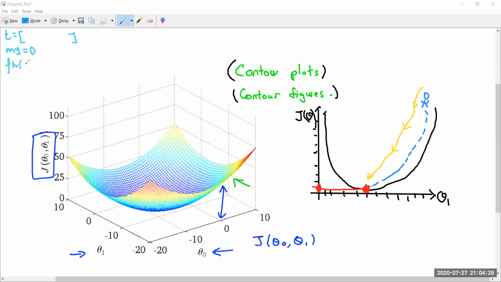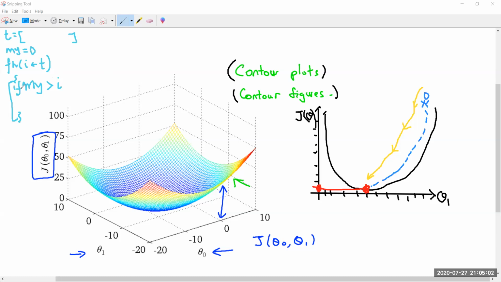For any value I in the range of each element of T, so any value I in the list T, I come inside this block of code where I am simply trying to find out if the value of my is actually greater than the I value.